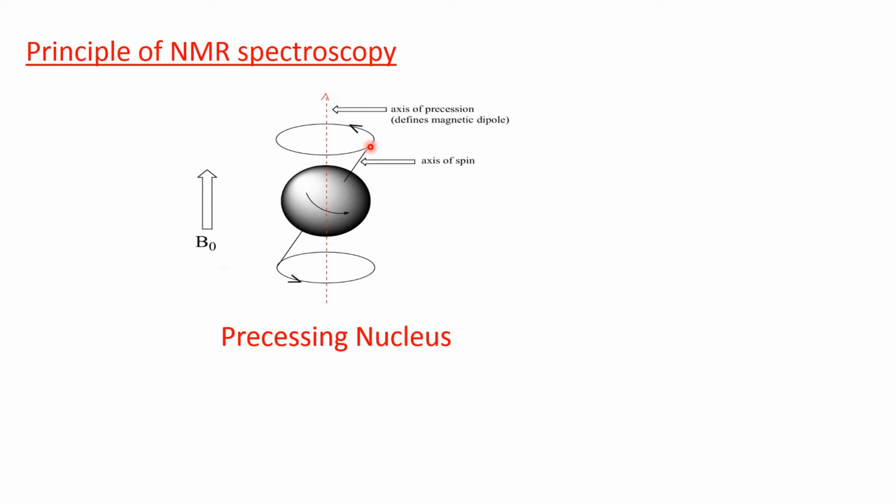That means the spinning axis of the nucleus is making an angle with the direction of the applied magnetic field. In presence of this magnetic field, this nucleus experiences a force towards this direction, that means for taking this axis parallel to this external magnetic field.